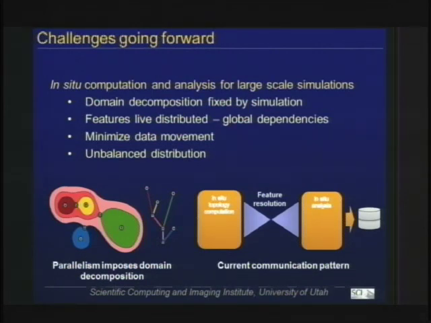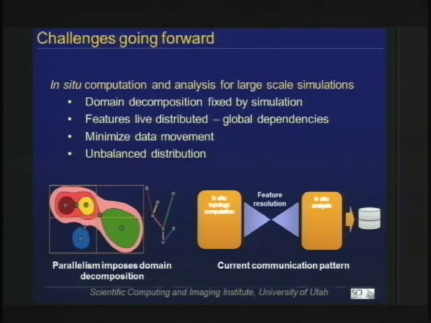Our challenges going forward are that scientific data is increasingly going in the direction of in situ computation. They can't afford anymore to dump all their data, and therefore to do some kind of analysis, you have to do it on the same cores as they're doing their computation. However, topology is global.